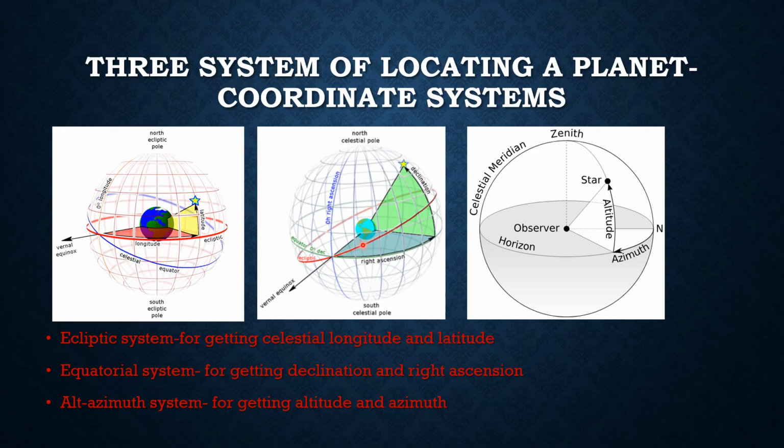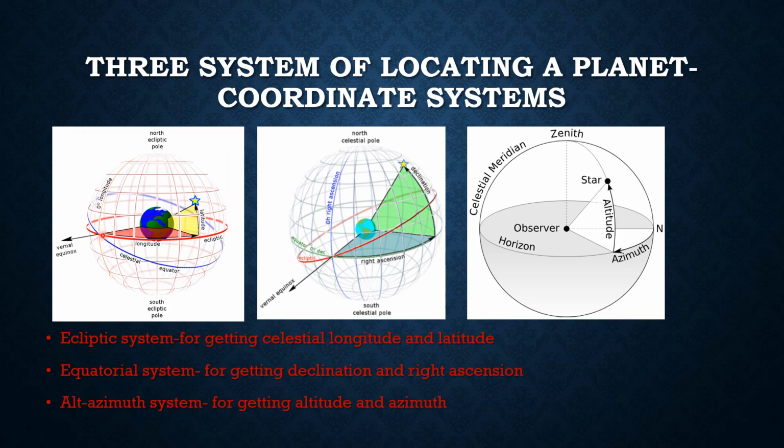The second system, which is for getting the declination and right ascension, is with reference to the celestial equator. See here, this is the celestial equator. From the vernal equinox till the point where the arc coming from the planet crosses the celestial equator, you have right ascension, and from this point onwards up till the star you have declination.